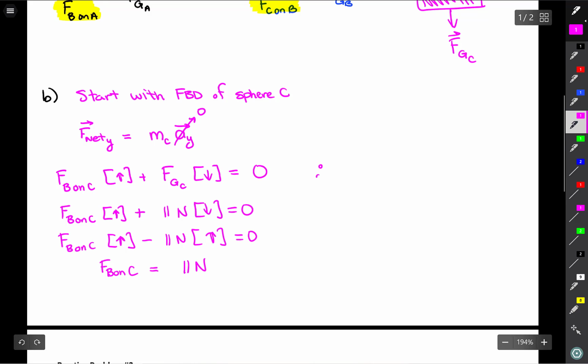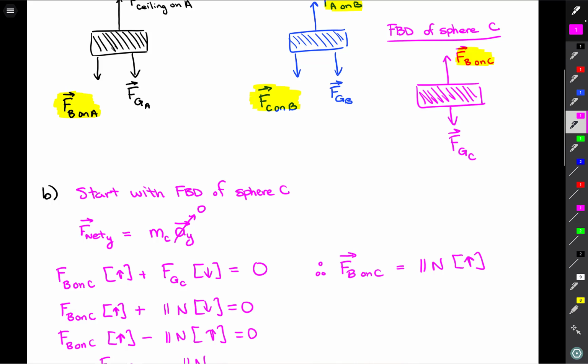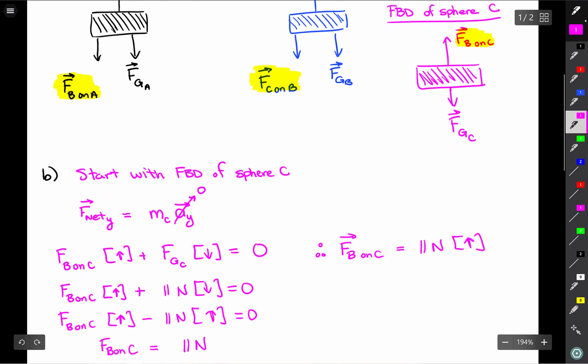Therefore, FB on C as a vector is equal to 11 newtons, and we said that was upwards. Now, does that make sense? We drew in our free body diagram that yes, it was in fact acting upwards.